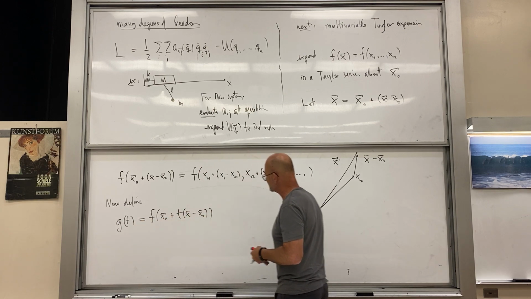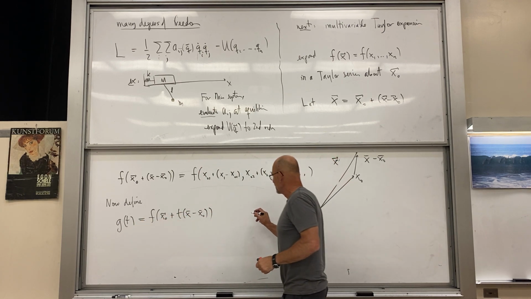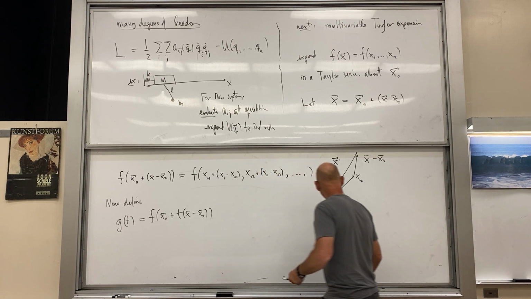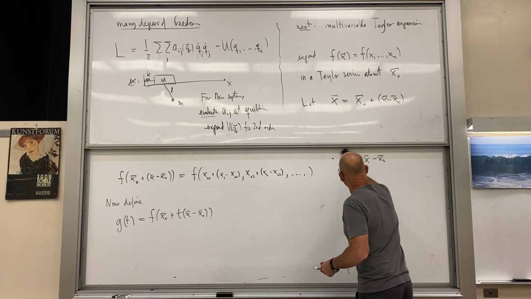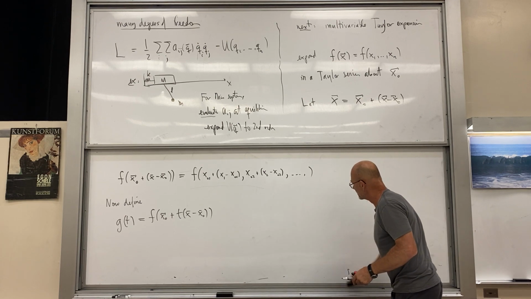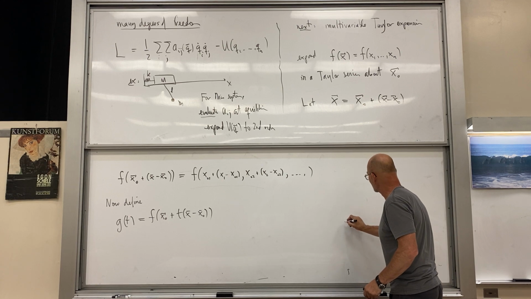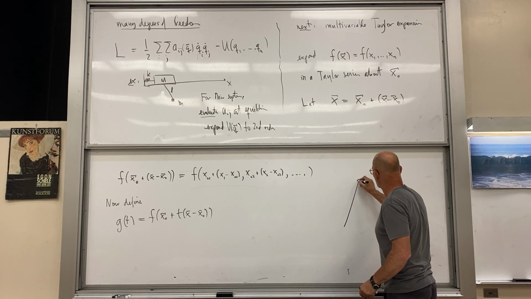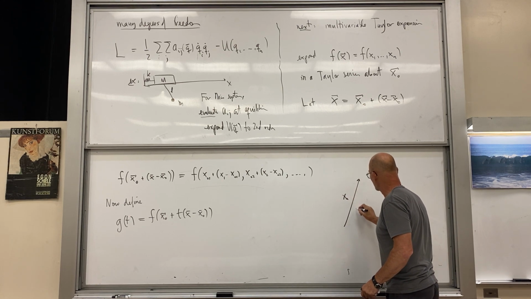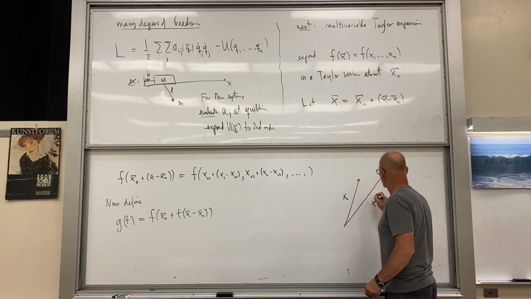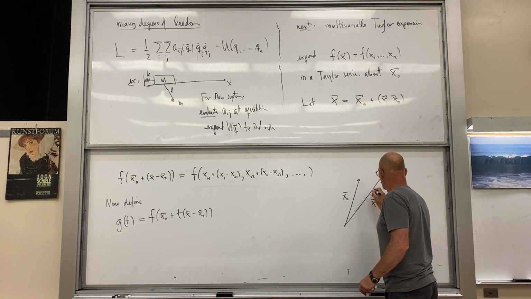What is this thing? I need a better picture here to make my point. Okay. Let's do this. This one's easier. So let's call this x0, this x, and this is x minus x0.